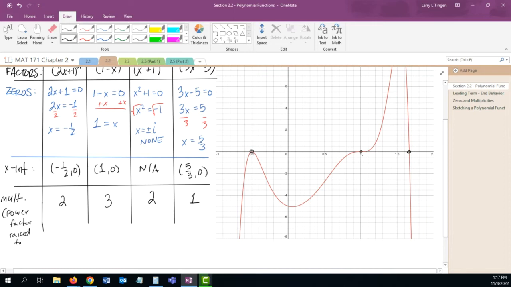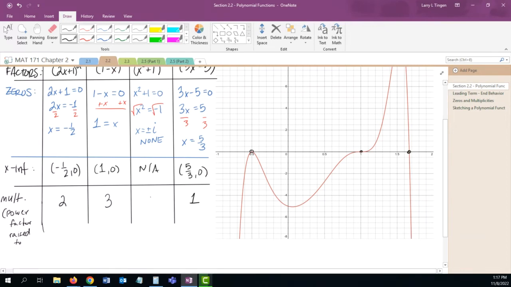And then the last one, I come down, I get it, and then I cross again. The last two actually have a similar behavior, whereas the first one is completely different from the others.